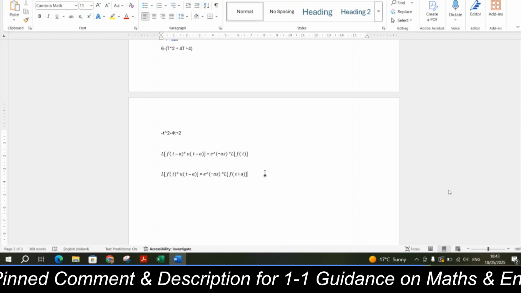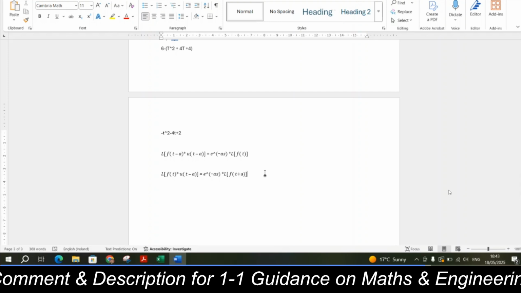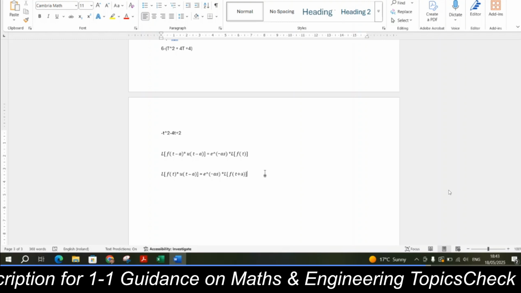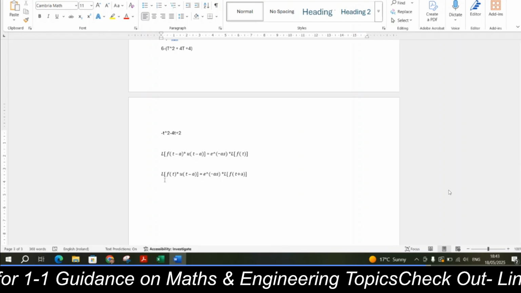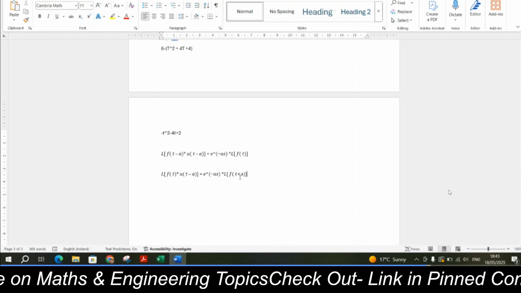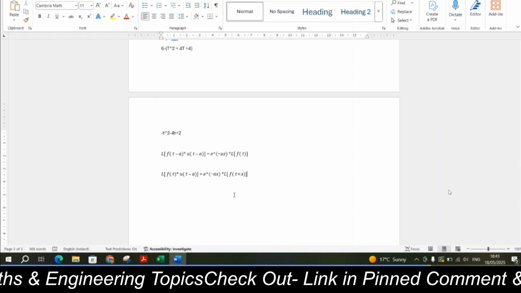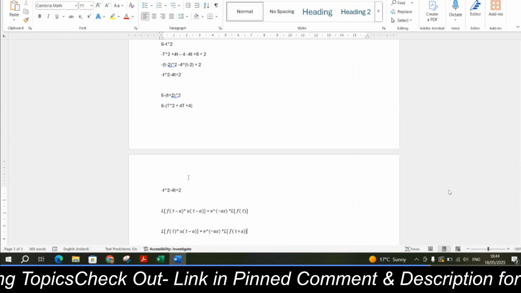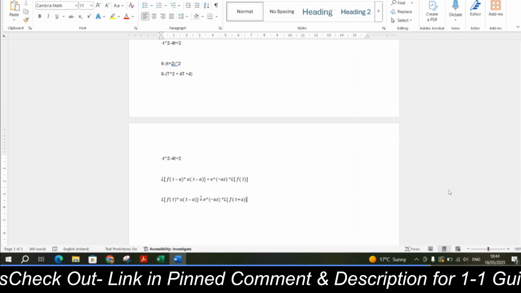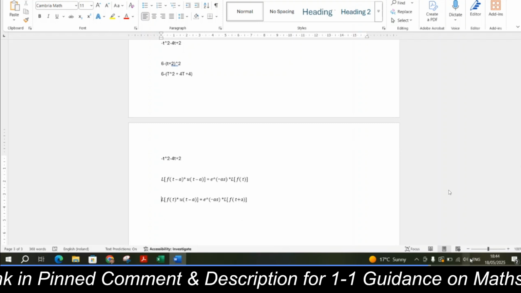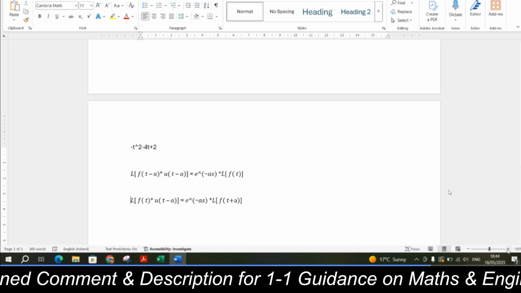This is the second shifting property which is given to you. The trick is, wherever I need to get the t minus a term, I substitute that value t for t plus a. Correct. This is what they have done.